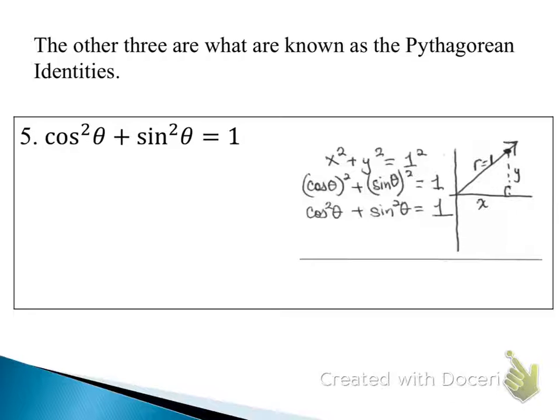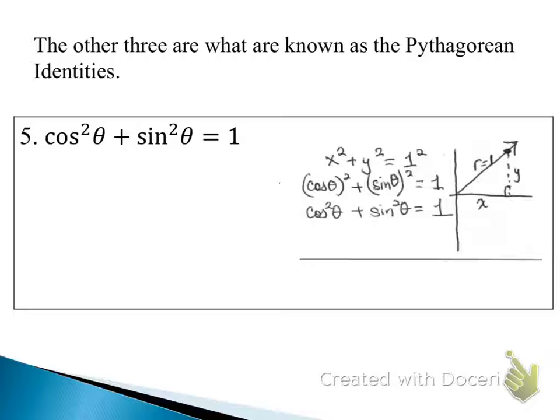It's nice to know that cosine squared theta plus sine squared theta equals 1. And you notice that these are equivalent where the parentheses are: there's cosine squared theta, and here is cosine theta squared. That means the same thing.